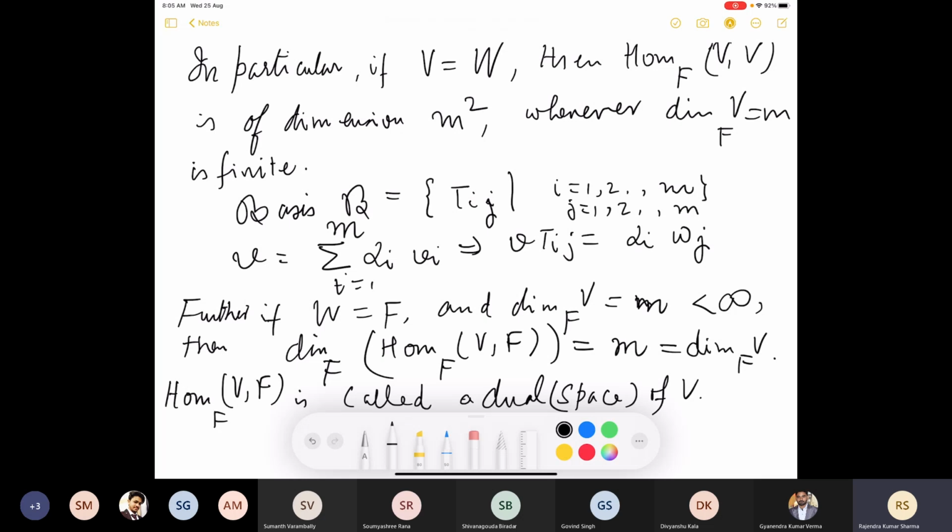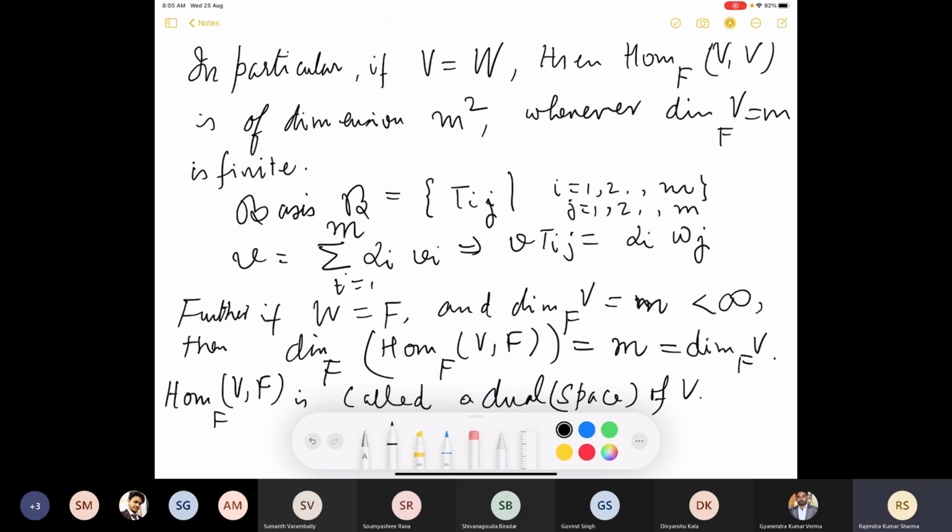Once these are uniquely determined, then we can define the maps. So we define the maps Tij for all i from 1 to n and for all j from 1 to m. These maps were defined for V, which is the unique linear combination, say sum of alpha i Vi, i varying from 1 to n, as Tij of V equals alpha i Wj.